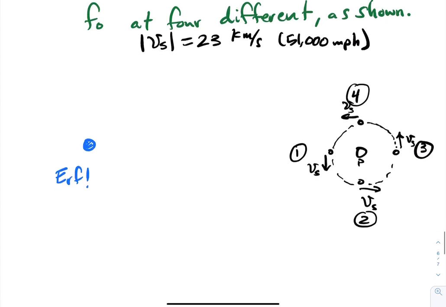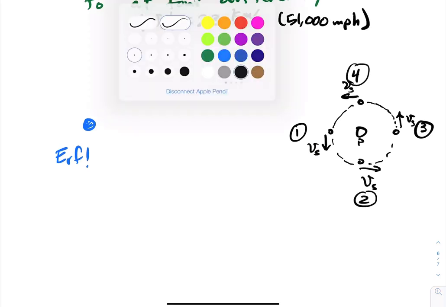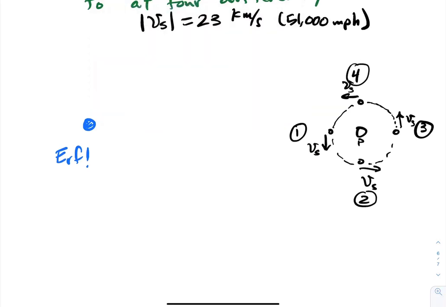So we know that in general, f sub o, the observed frequency, is equal to fs, which we know, times 1 plus or minus, depending if it's moving toward or away, v relative over the speed of light, c.